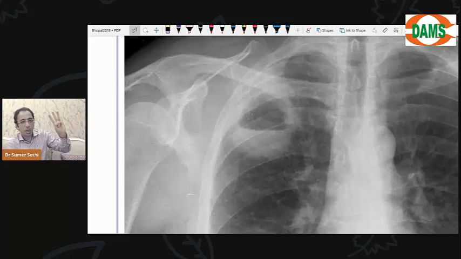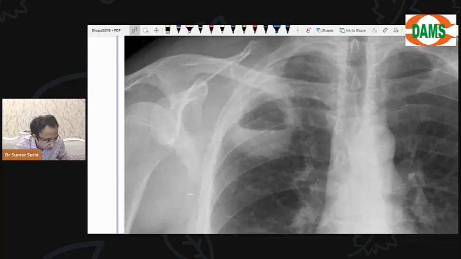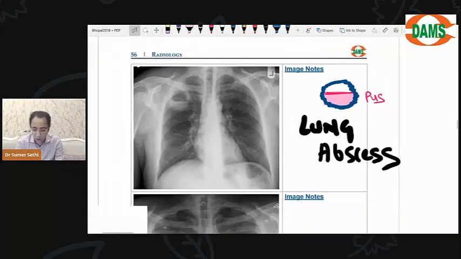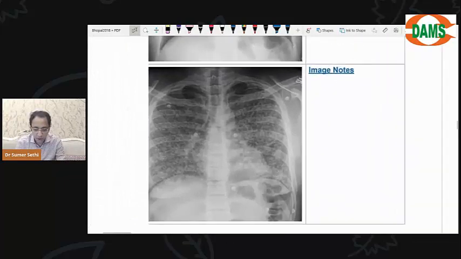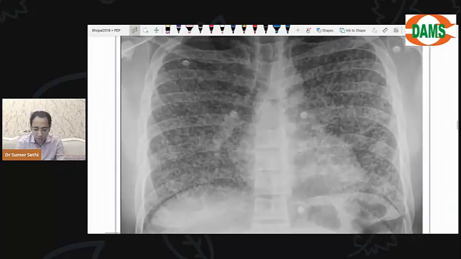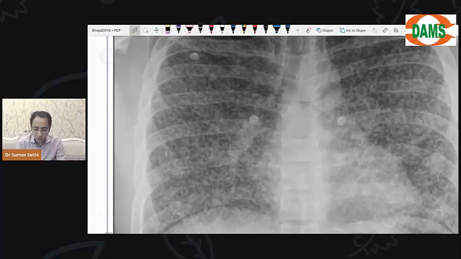Now I am showing you lung abscess. Anywhere in the body, if you have a pus collection, it is called abscess. So this is how it looks like. Okay, very good. Now once you are clear, let's see if you can answer. I'm about to come to a very, very important X-ray. Okay, very often asked.